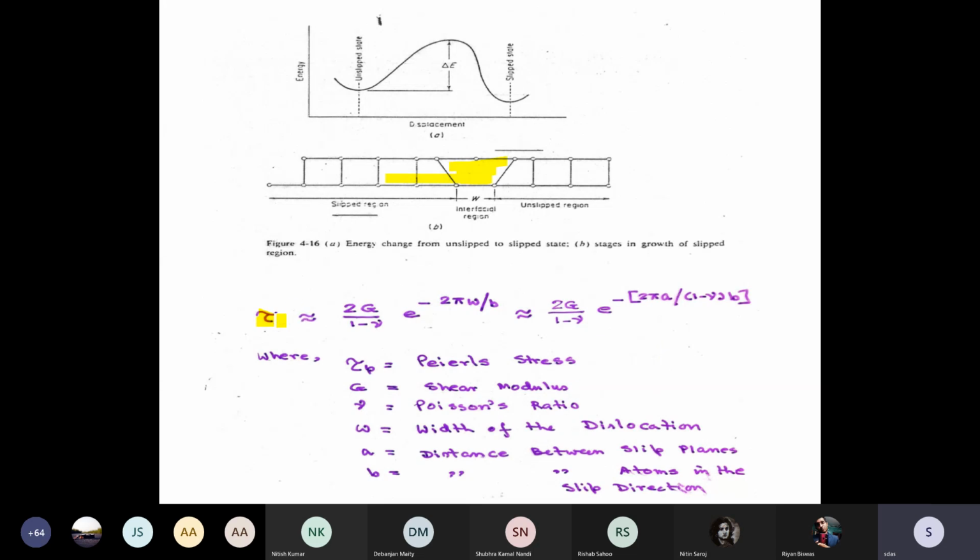Now, the higher the Peierls stress, the more difficult it will be to move a dislocation from its center to its surface. So tell me, if the width of the dislocation is large, what will happen to tau p? Large or small?